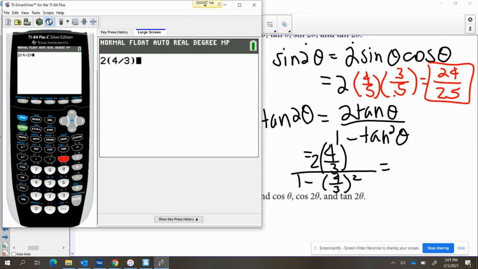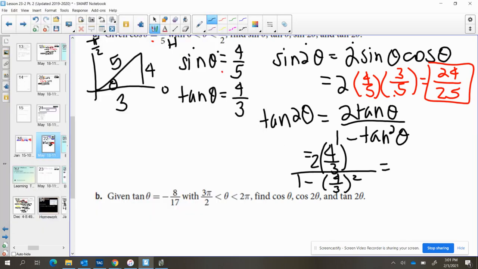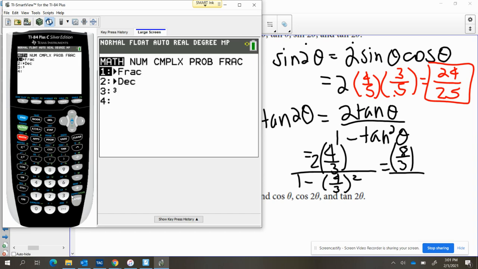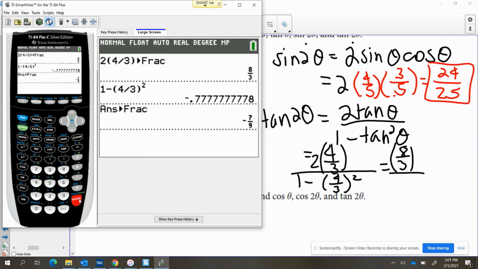So 2 times 4/3 is going to be 8/3. And then divided by our other fractional value of 1 minus 4/3 squared is going to be negative 7/9.